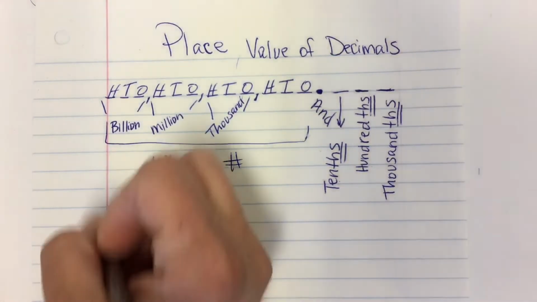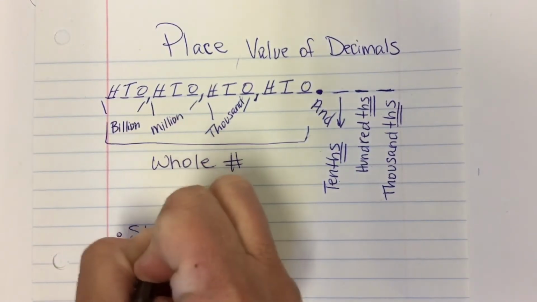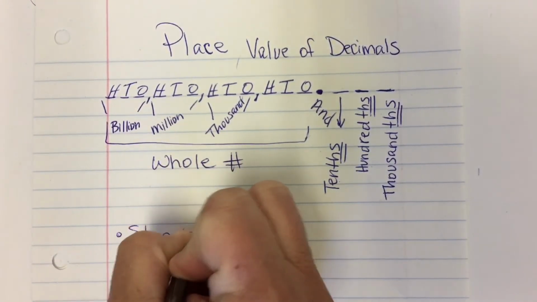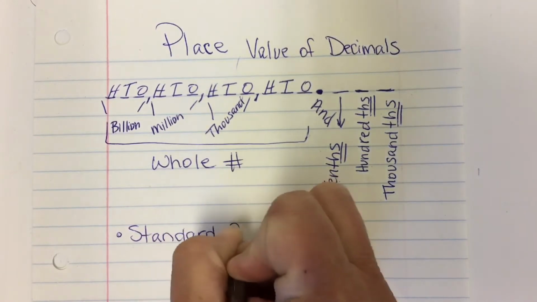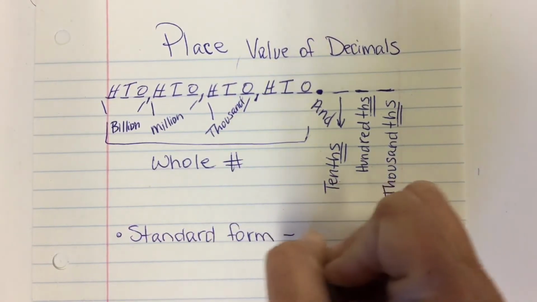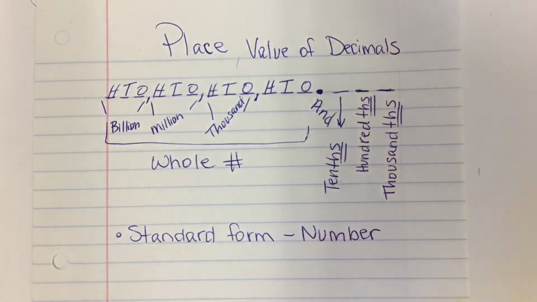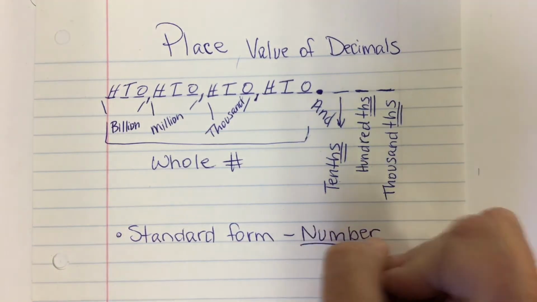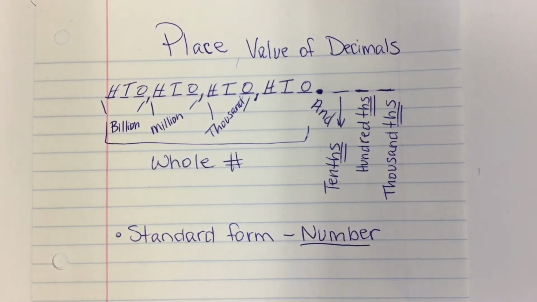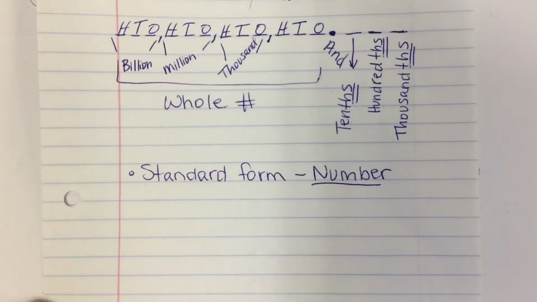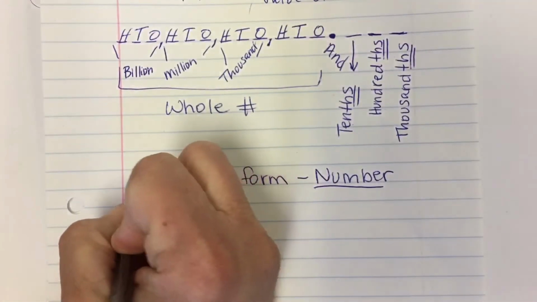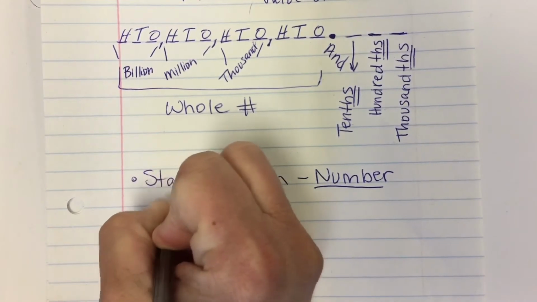All right, so we know that standard form is just the number. Anytime it asks for a number, or a word problem, or anything that says what's this number written in standard form, they just want you to write the number. That's it. Standard form means put it in number form. Then we have written form.